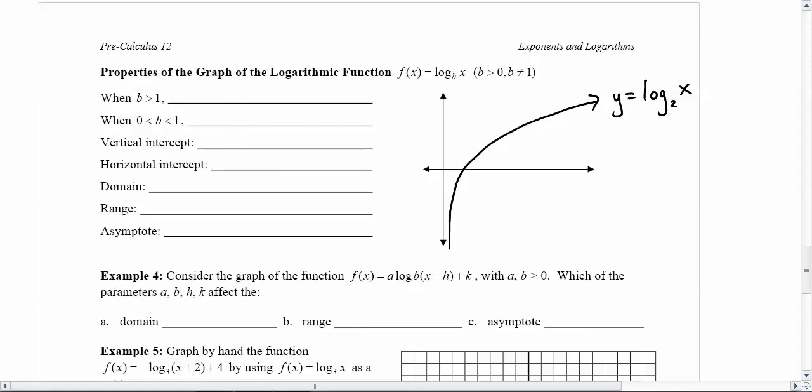So if the base is a number that's bigger than 1, then the graph increases. When the base is a fraction, then the graph is going to decrease. And that's like what we did in the last example. When your base is a fraction, the graph decreases.